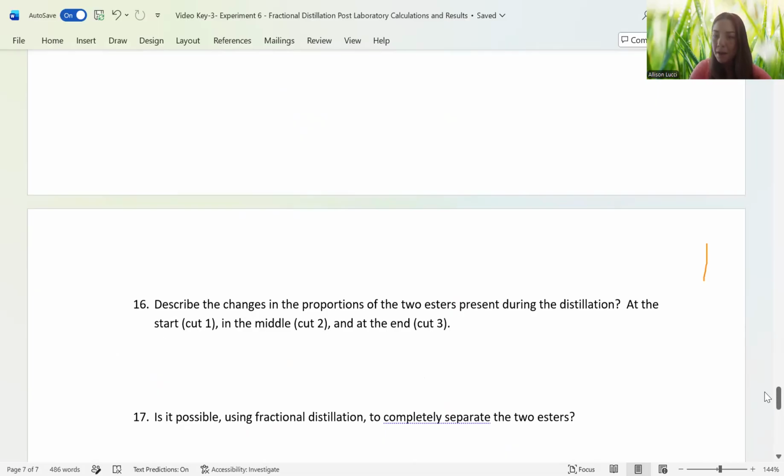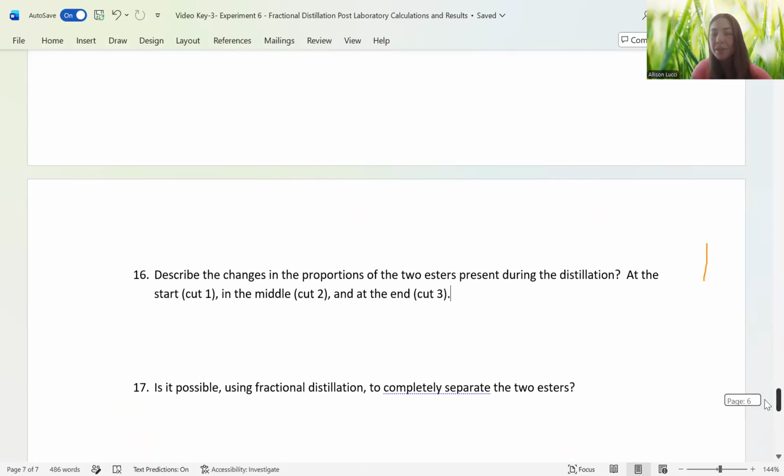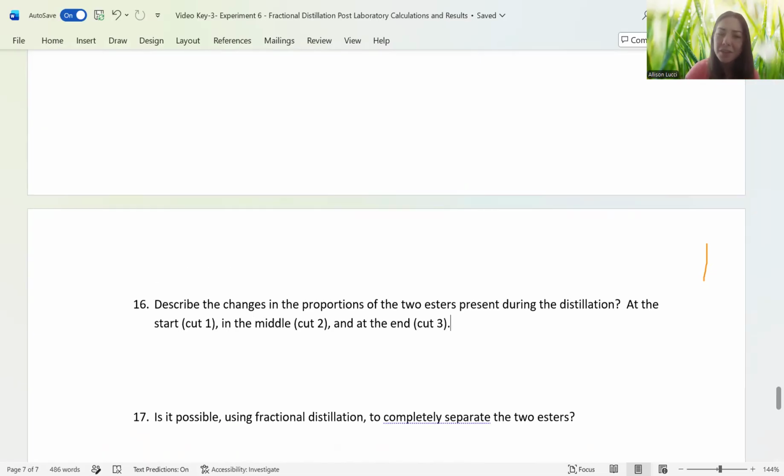The middle, I forgot to reference, but that's the sharpest increase in temperature. We would have collected 10 drops in the middle of our distillation, and then whatever we can collect at the end, hopefully another 10 drops, will be cut 3. And then please give me an answer to this last question. Based on our data, can you completely separate two esters? So stay tuned for the last video, which will show us some calculations.